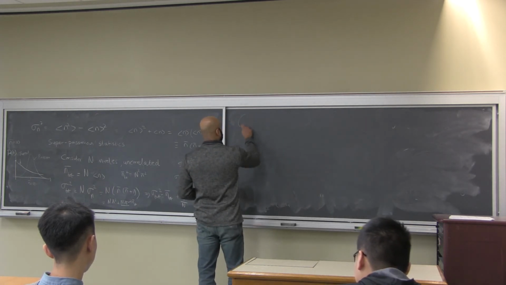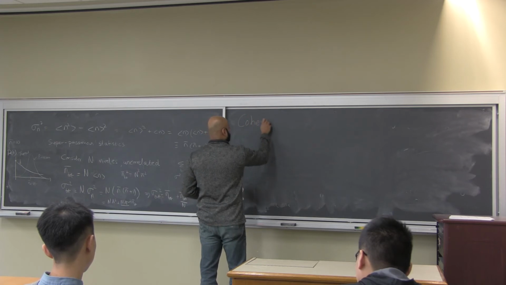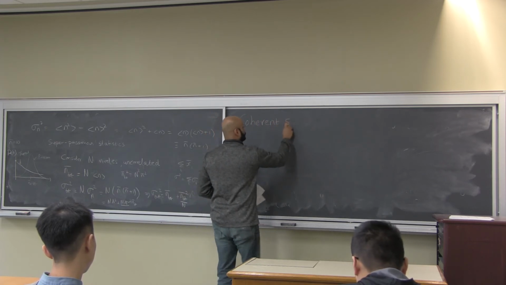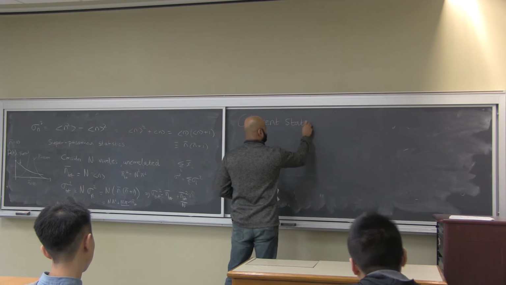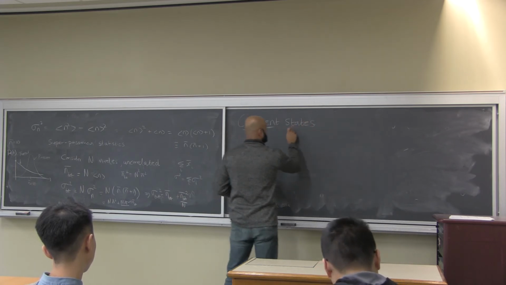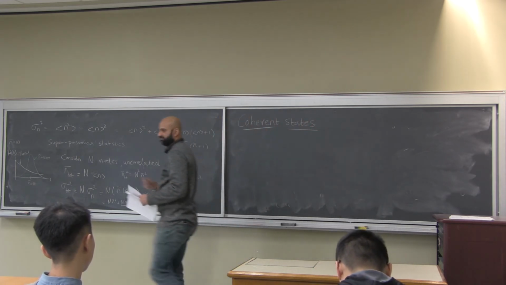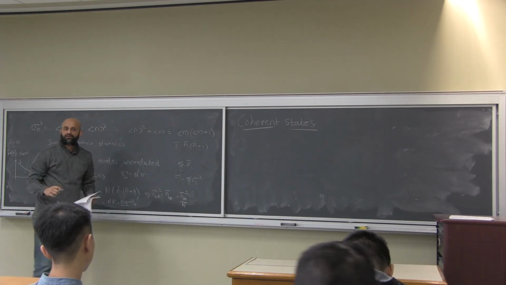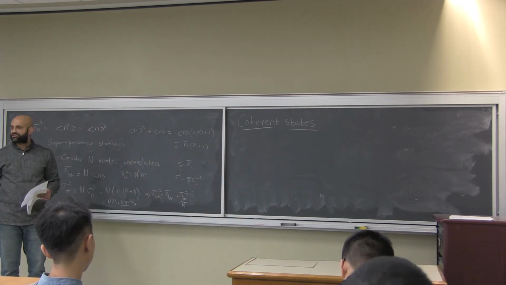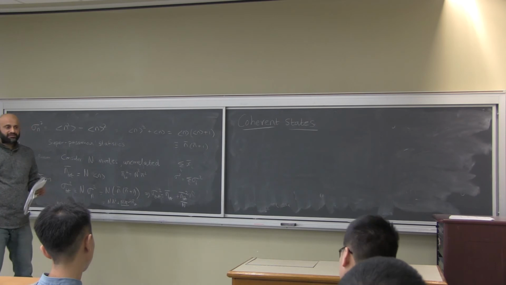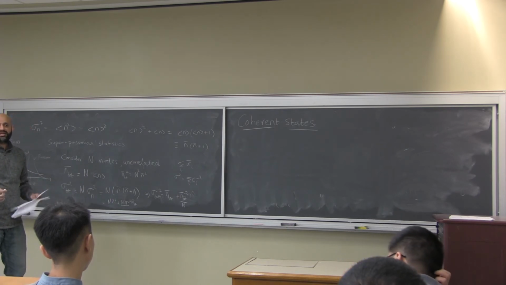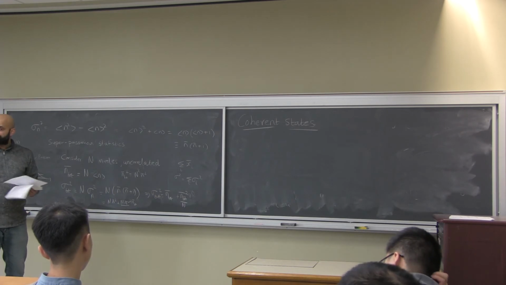Now we'll move to another type of state, which is called the coherent state. And remember, as we discussed earlier, the expectation value for the electric field in a Fock state and a thermal state is 0. So obviously what we want to do is generate states whose expectation value for the electric field is non-zero.